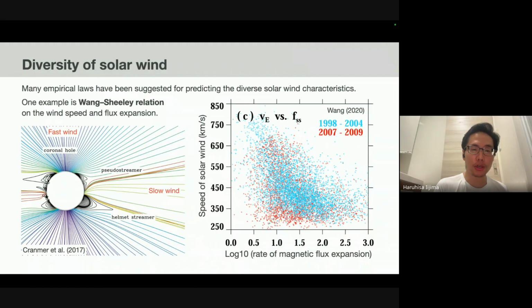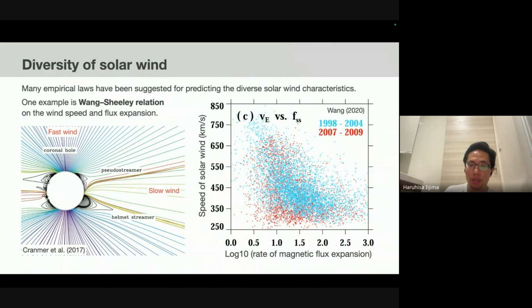For example, the left figure shows the Sun's global magnetic field structure. Near the polar regions, we have coronal holes, and the magnetic field does not expand horizontally. And fast solar wind is observed around here. And in the lower latitudes, the magnetic field expands more greatly, and we typically observe the slow solar wind.